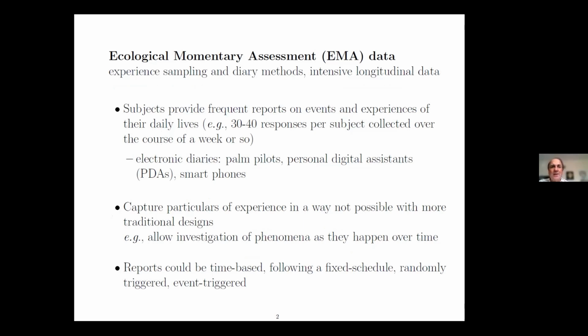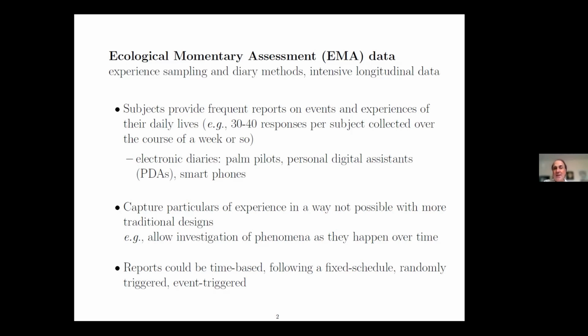Years ago, we used to collect such data with electronic diaries, Palm Pilots, PDAs, but these days pretty much everything's on smartphones. And the idea behind these kinds of studies is that you get particulars of experience in a way that's not possible with more traditional longitudinal designs.